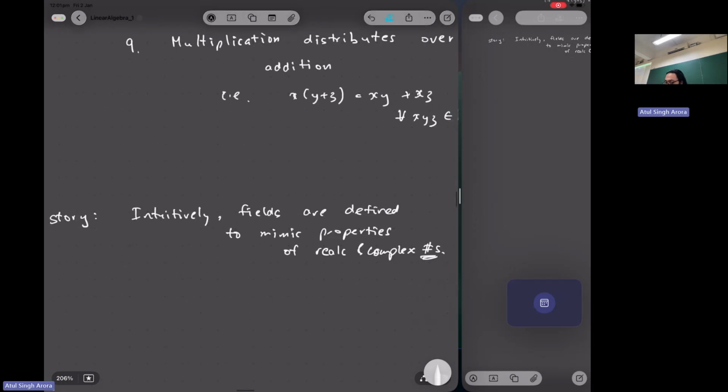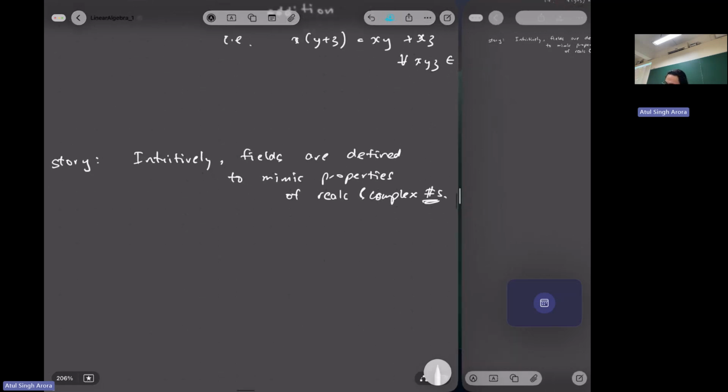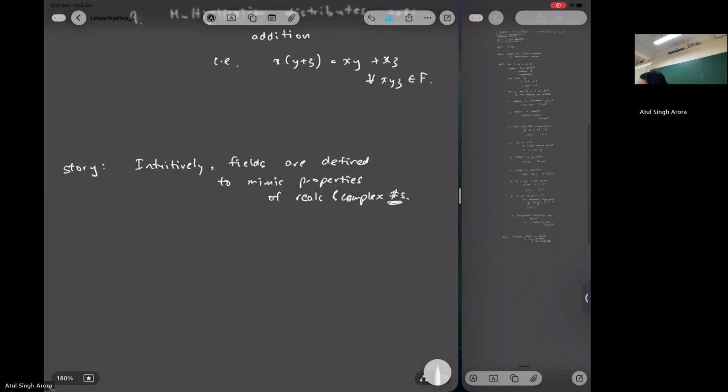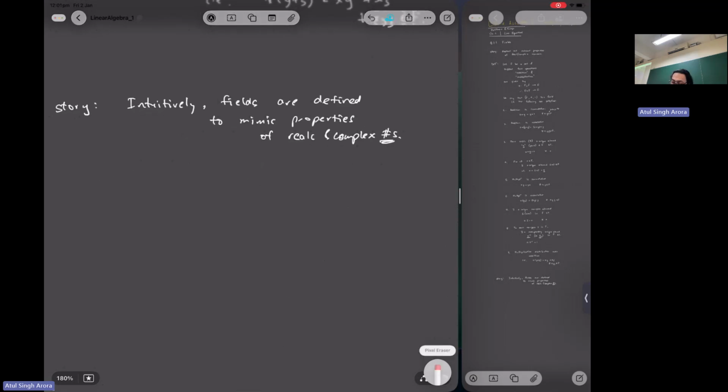I'm a little bit lazy, but I hope you can follow. This is supposed to be a longer preview, so we can refer to things as we go along. Another thing to mention is that elements of a field are going to be called scalars.